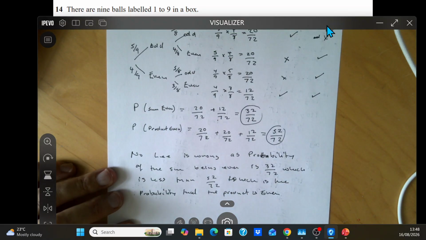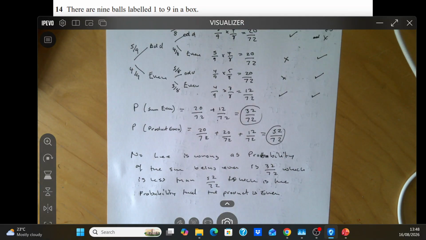Okay? So it's all about probability trees, thinking about what's odd and what's even.